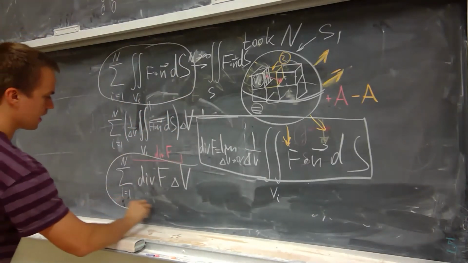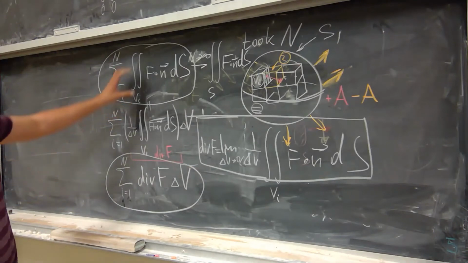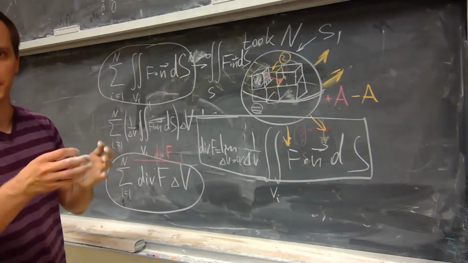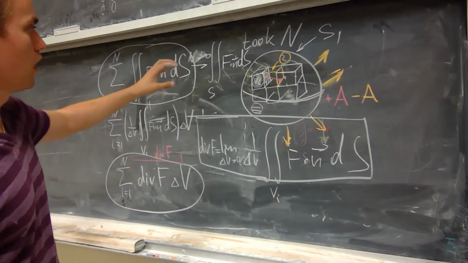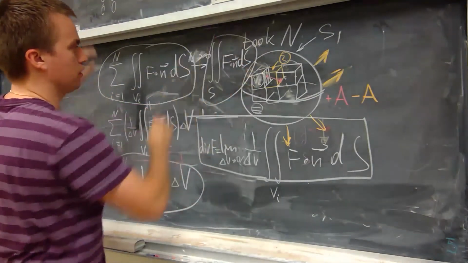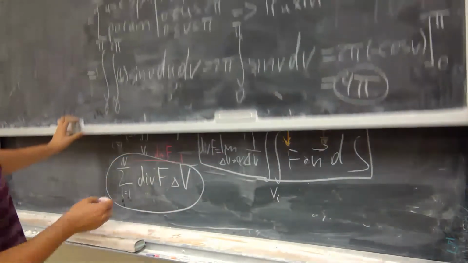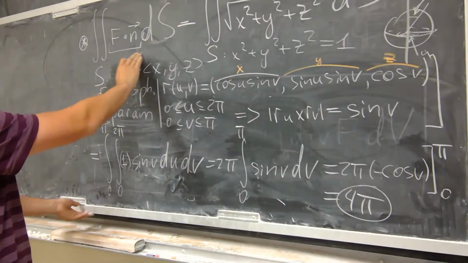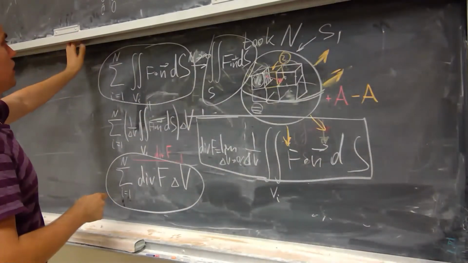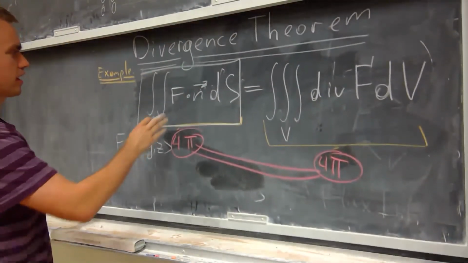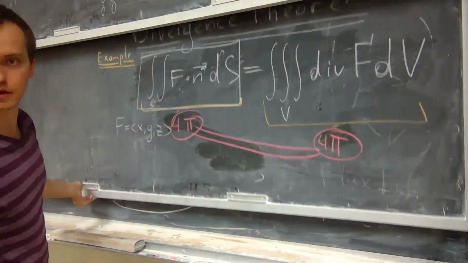From the other side, I have this sum. When I send n to infinity, when I make my cubes smaller and smaller, I will get the total flux over my surface. So according to the divergence theorem, I have the integral on the left-hand side.